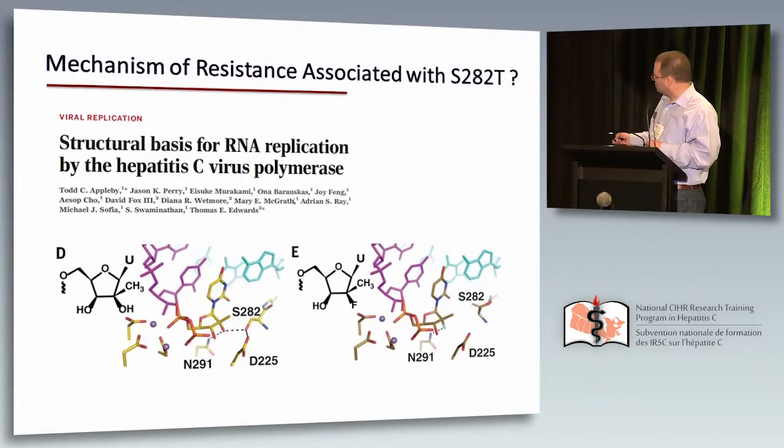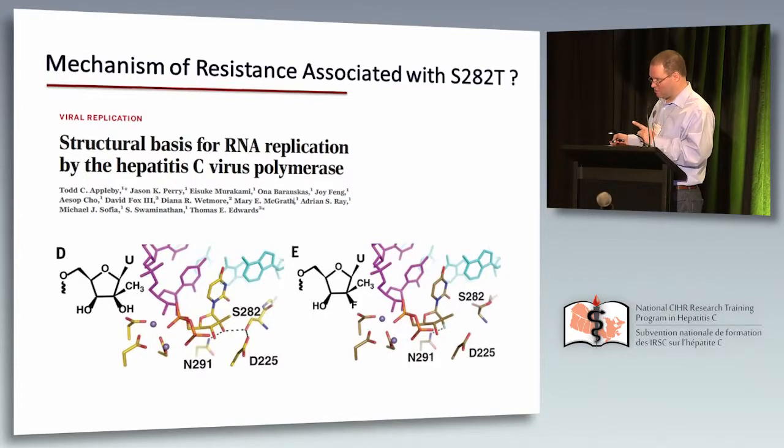And this is a recent structure here of a ternary complex, recently published in Science by Pharmasset/Gilead people. And you can see here at the active site there's sofosbuvir. It's actually crystallized as a diphosphate form. You can see that S282 is in close proximity to sofosbuvir.